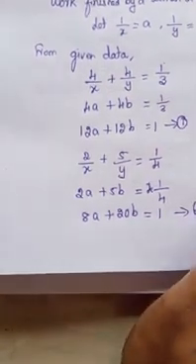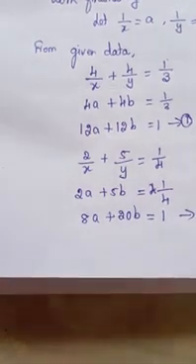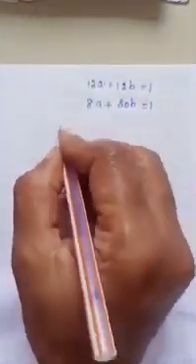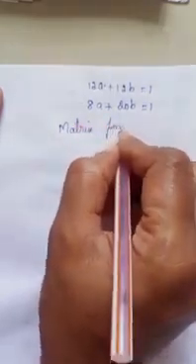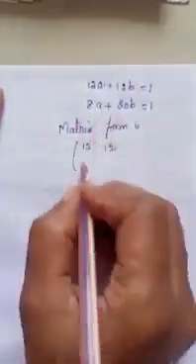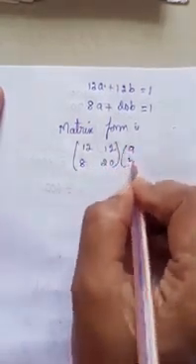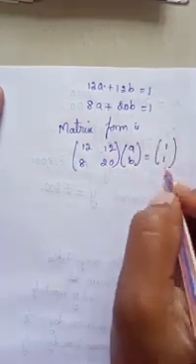Now we should write both equations in matrix form. Then we have to solve it. See, these are the two equations. Shall we write it in matrix form? So the matrix form is 12, 12 and the next row is 8, 20 into A, B is equal to 1, 1.